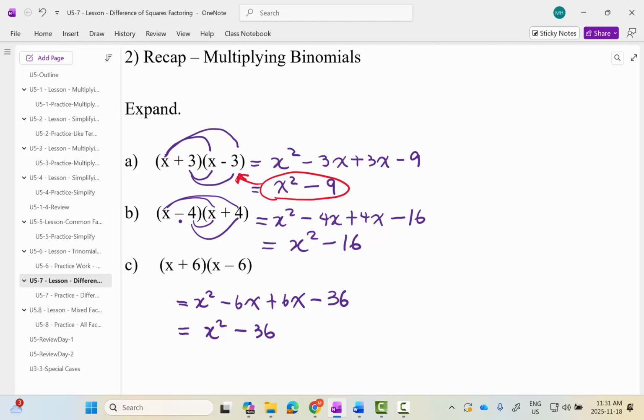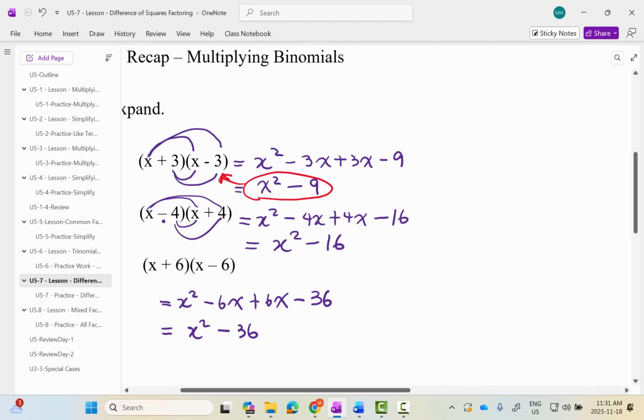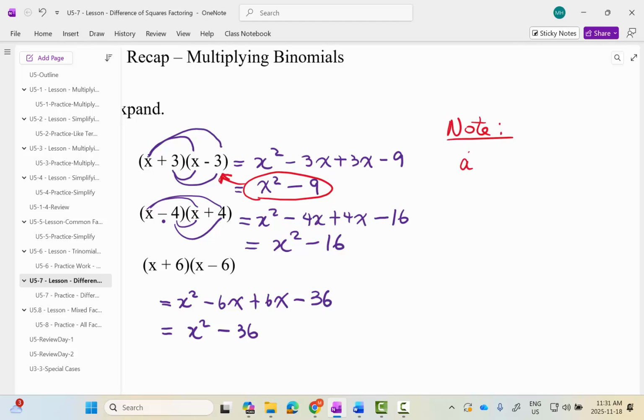Okay? All right. Let me write that down. So here's a note. Okay? When it looks like this, I'll just write it like this. A squared minus b squared. This is called a difference of squares. Okay?